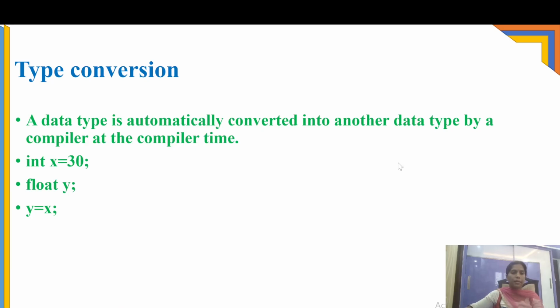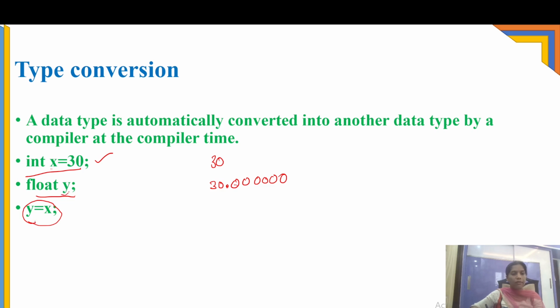See this example. We have int x is 30 and float y. We know int means only integers, 30, it will store like this. Float means 30.000000, it will store like this. Automatically 6 zeros will be stored. So here y equals x.